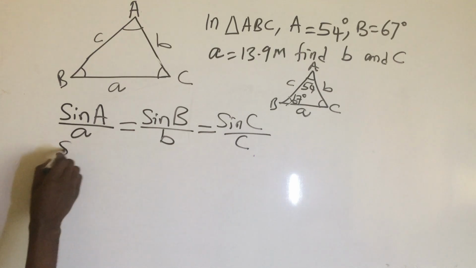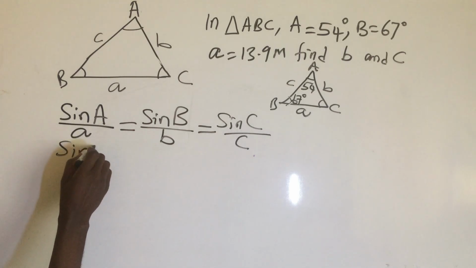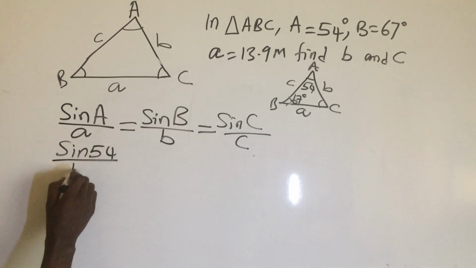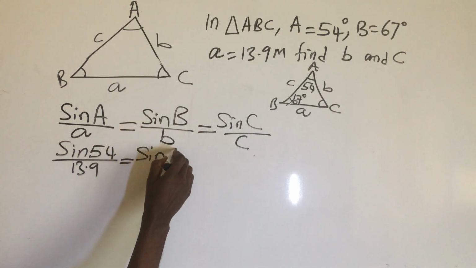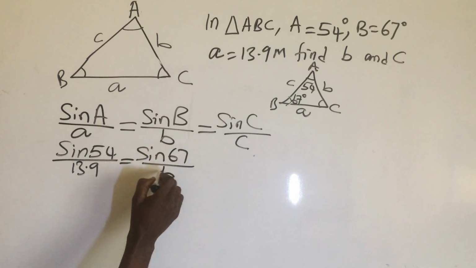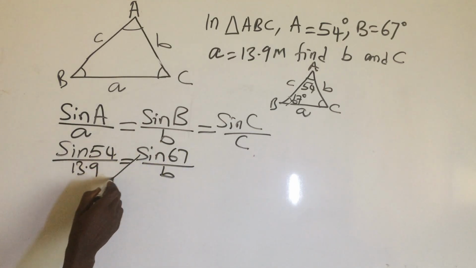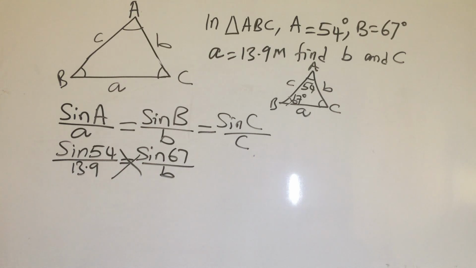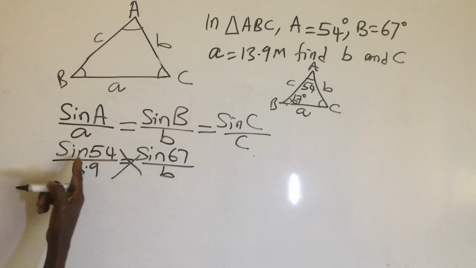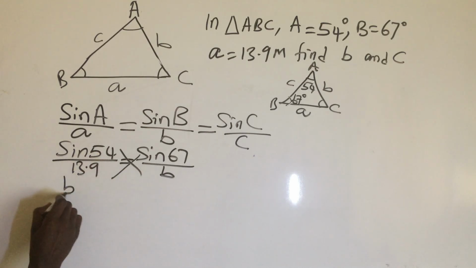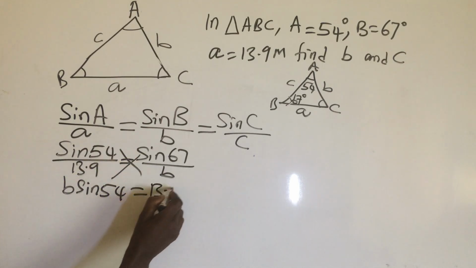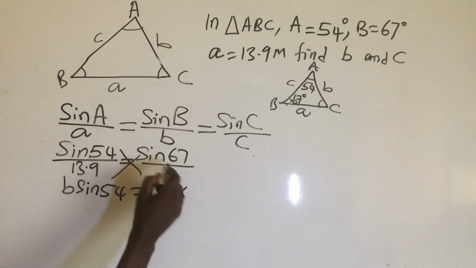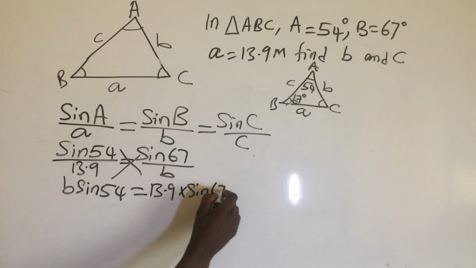Now we say that sine 54 over 13.9 equals sine 67 over b, and we are looking for b. Now we cross multiply. b times sine 54 equals 13.9 times sine 67.